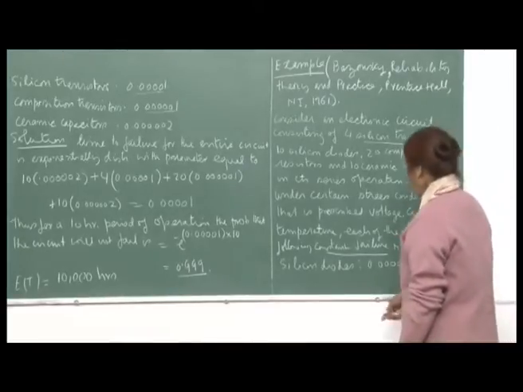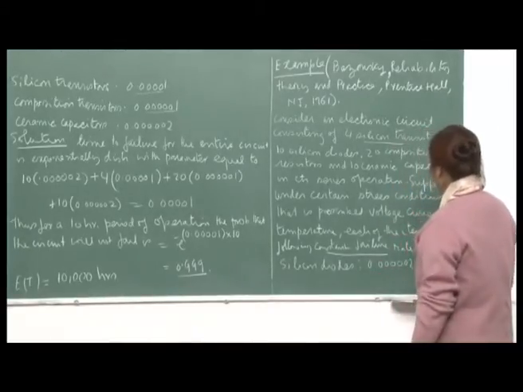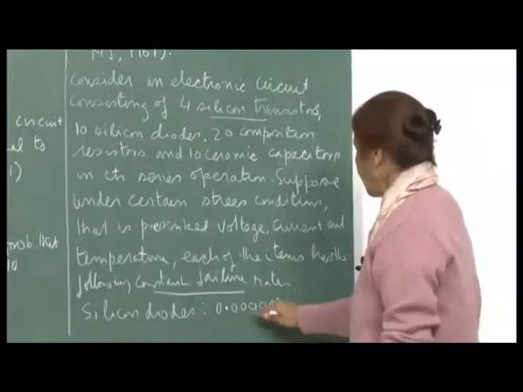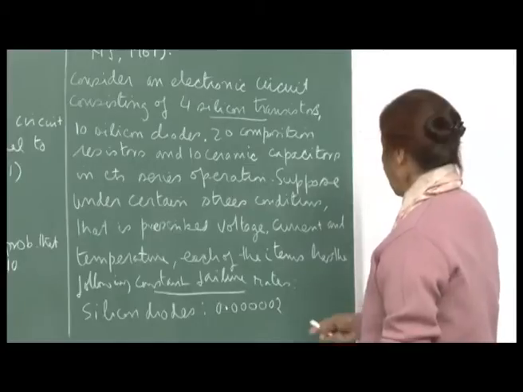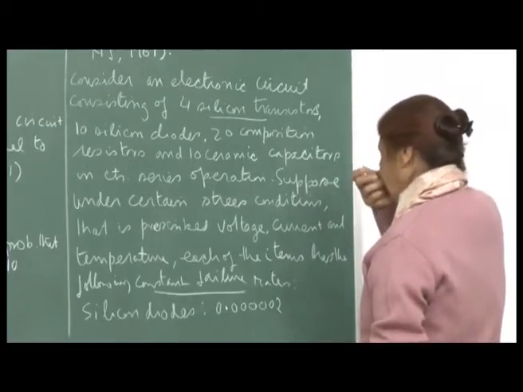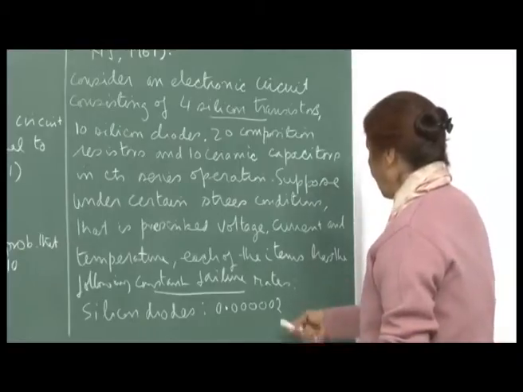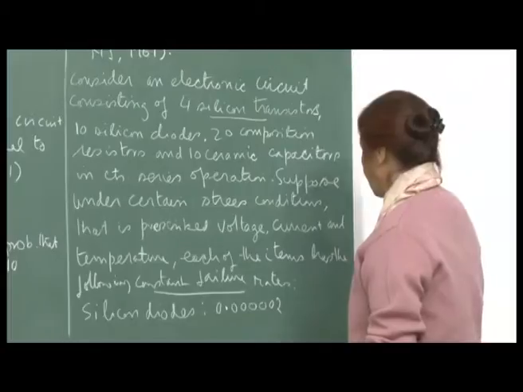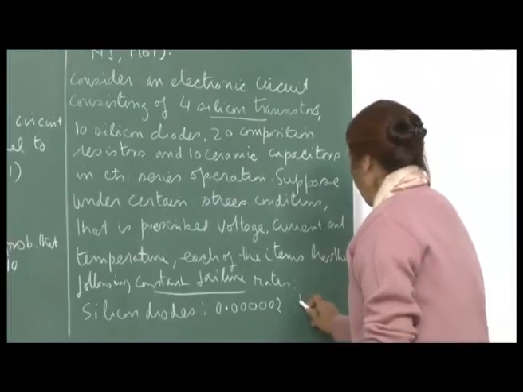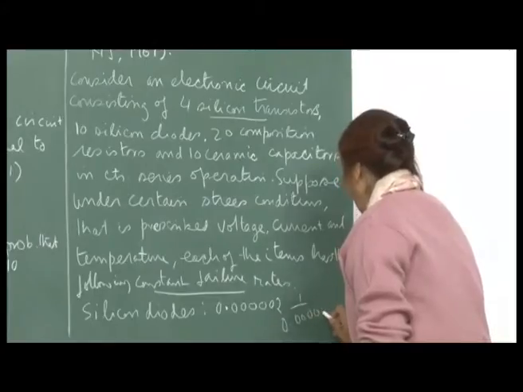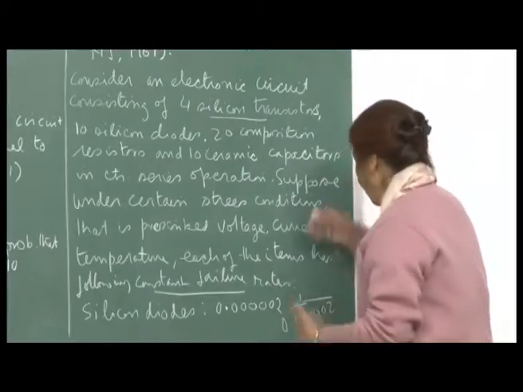Okay. So, for silicon diodes it is in hours. Your parameter is 0.000002. That means the mean failure time, how much will it be? 1, 2, 3, 4, 5, 6. So, it is a fairly large number.